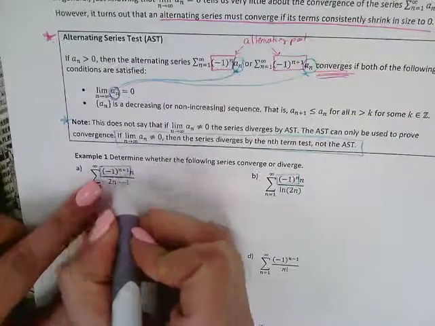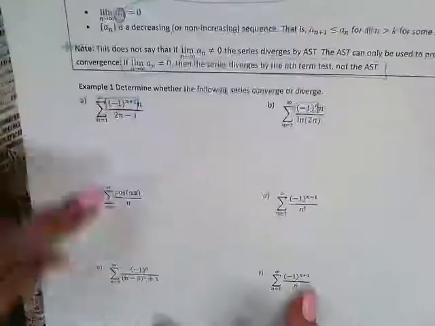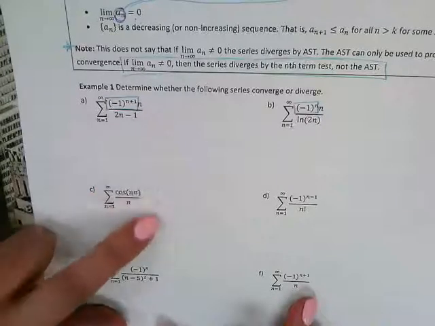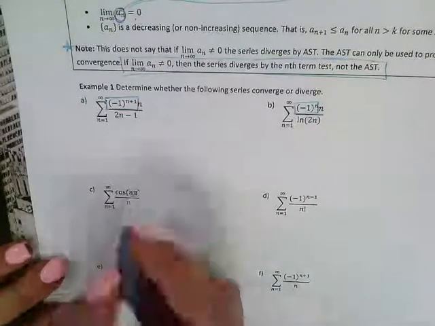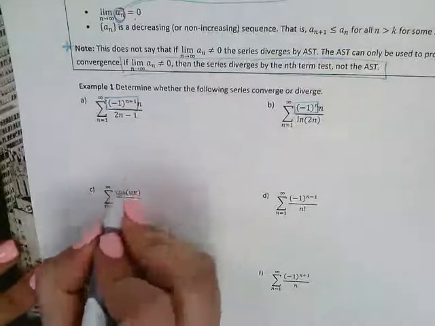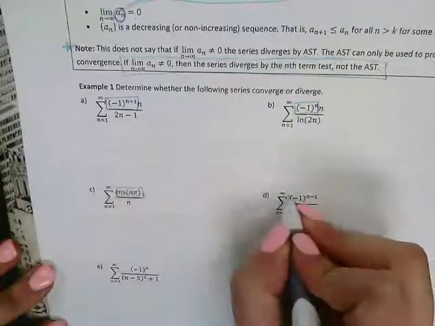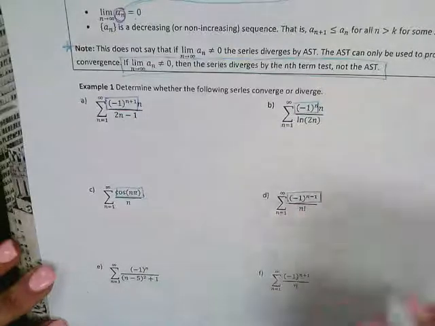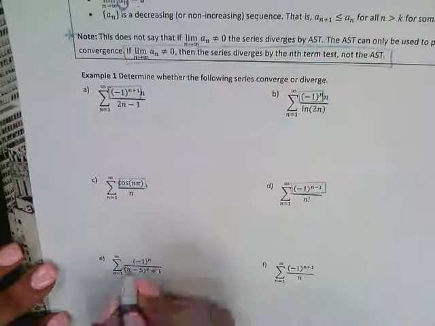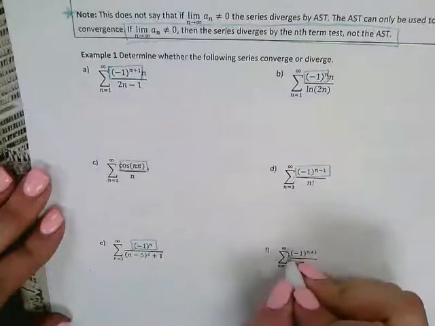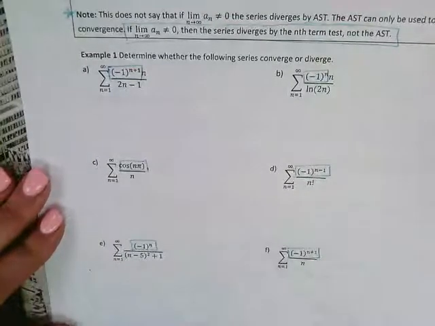So this whole thing is your alternating part. Cosine, we know, is an alternating function between -1 and 1, right? So this whole thing is going to be my alternating part. And then (-1)^n and (-1)^(n+1).